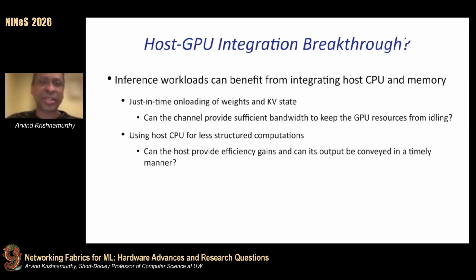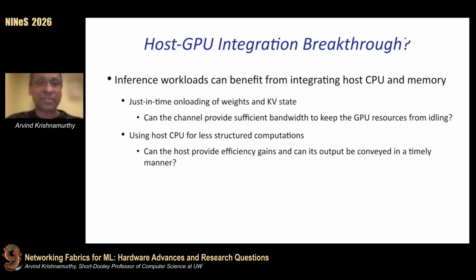So for instance, you can do just-in-time offloading and onloading of weights and KV state. And here the question becomes, is the channel between the CPU and the GPU providing sufficient bandwidth to do this just-in-time onloading and offloading without keeping the GPU from wasting its cycles?